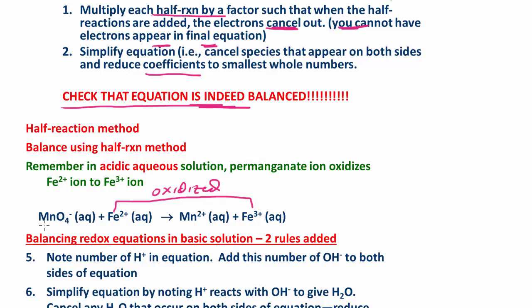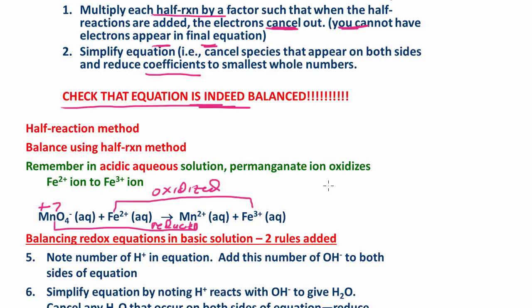And here the manganese goes from +7 in permanganate to +2, so we see a decrease in oxidation number, so this permanganate has been reduced.